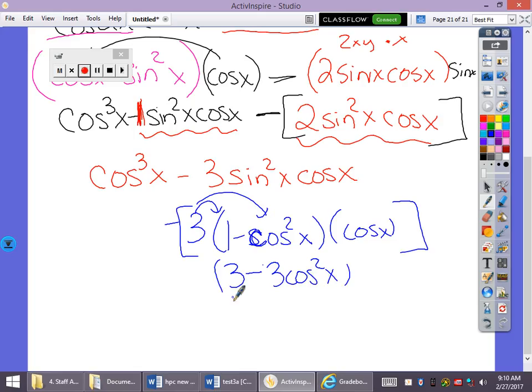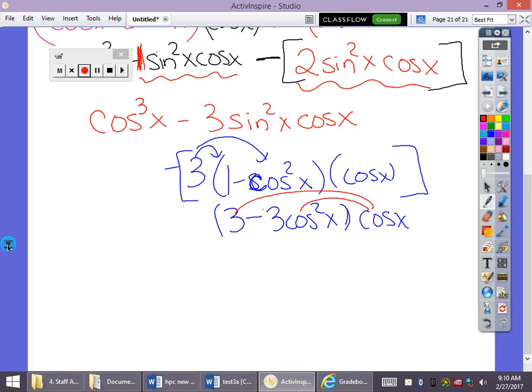Now I have to distribute what? The cosine x now. Okay, I distributed the 3. Now there's also a multiply by cosine, yes? And when I distribute that, I get 3 cosine x minus 3 cosine cubed x.